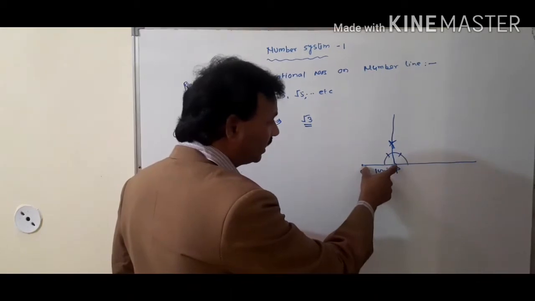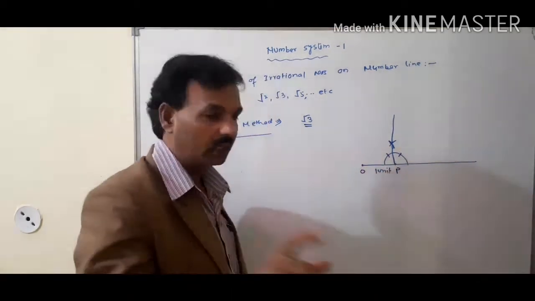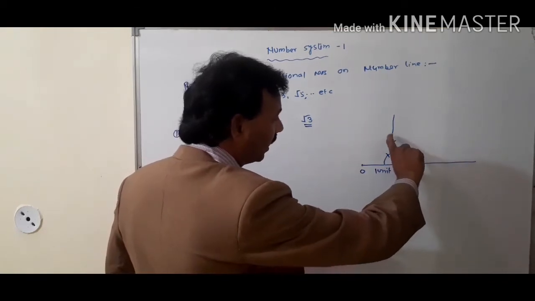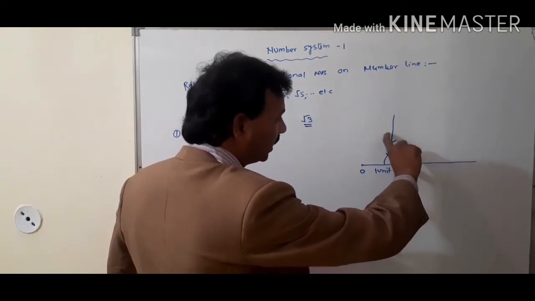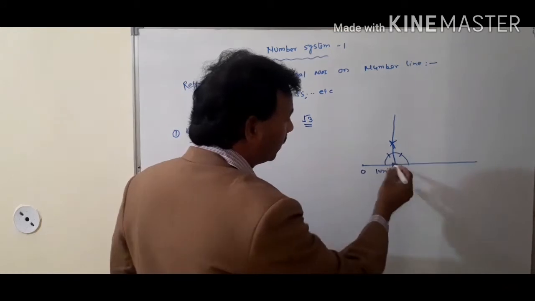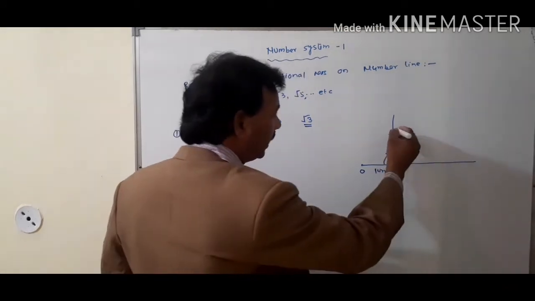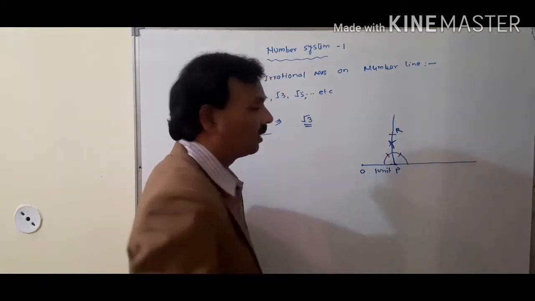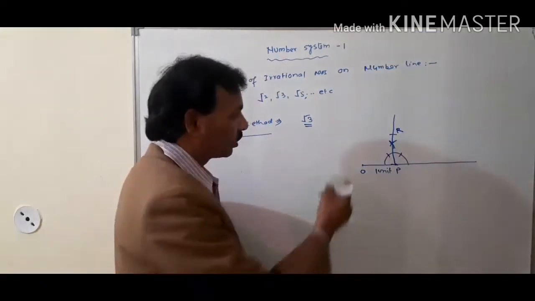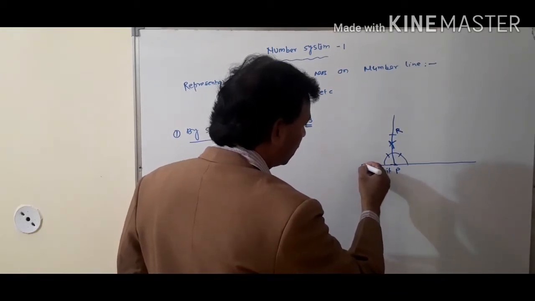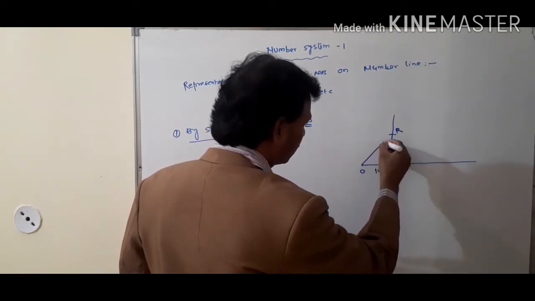Measure the distance OP in your compass and cut an arc on this perpendicular. Write the name of this intersection point as R. Join OR with the help of a scale.